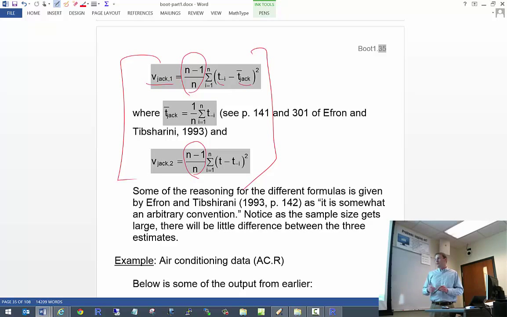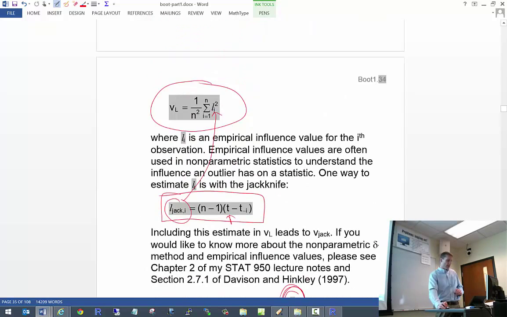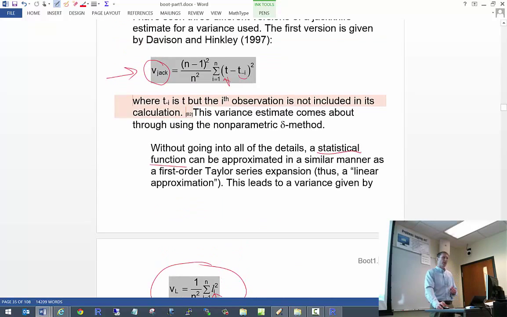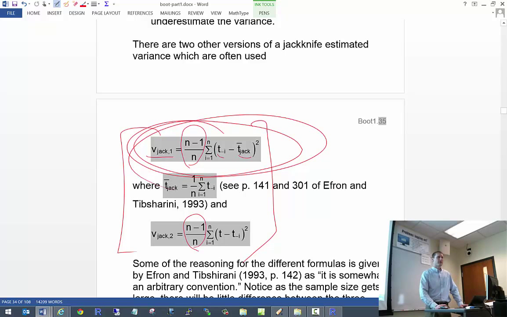I guess one other small story about this. I once used a Jackknife estimator of a variance for a paper that was published in the Canadian Journal of Statistics. I used essentially what we saw for VJAC in the paper, and a referee said, why aren't you using this one? This is what everyone else uses.